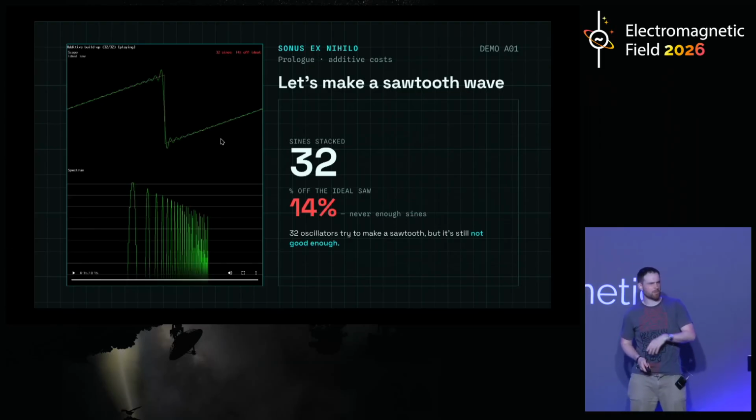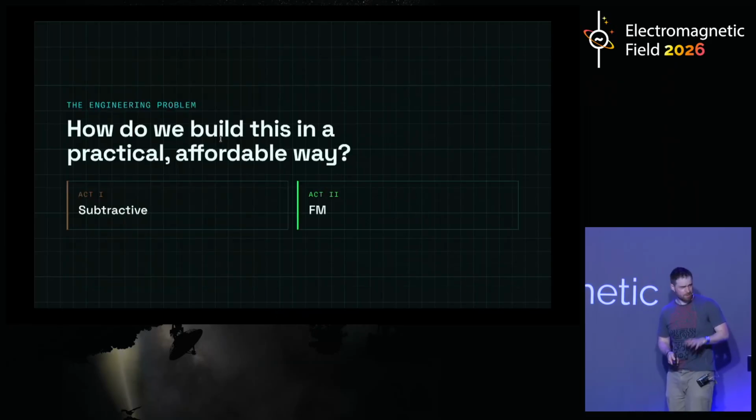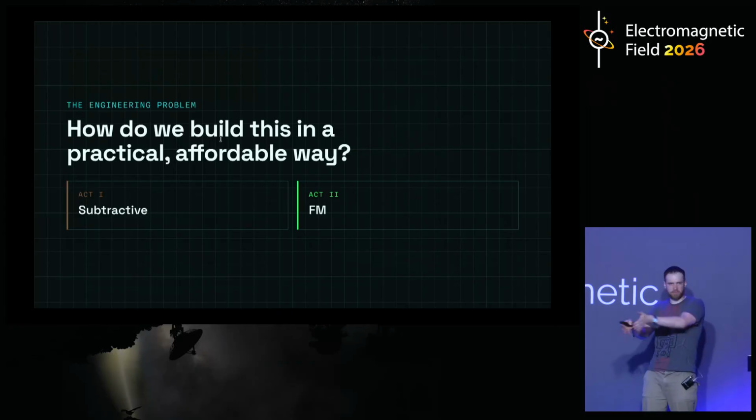We'll need a few more sines to make a sawtooth exactly. It's not practical to have an infinite number of oscillators in your synthesizer if you're trying to build one.